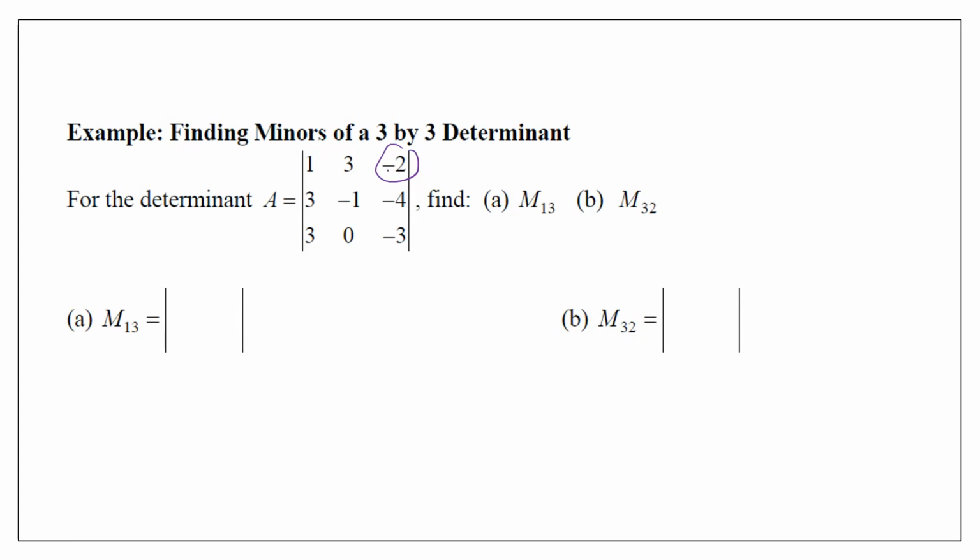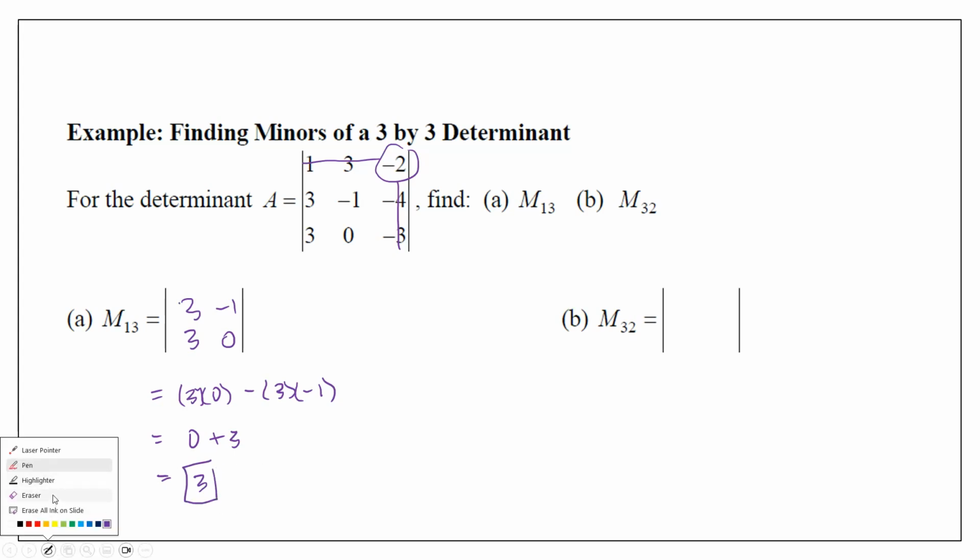That means we're going to eliminate the first row and the third column. So our minor is going to be 3, 3, negative 1, 0. To evaluate that, we get 3 times 0 minus 3 times negative 1, which equals 0 plus 3, which equals 3.